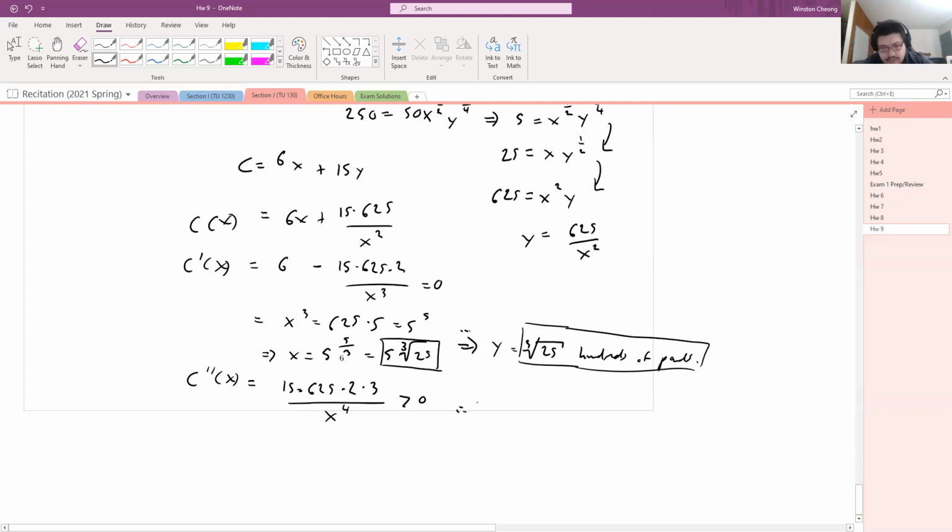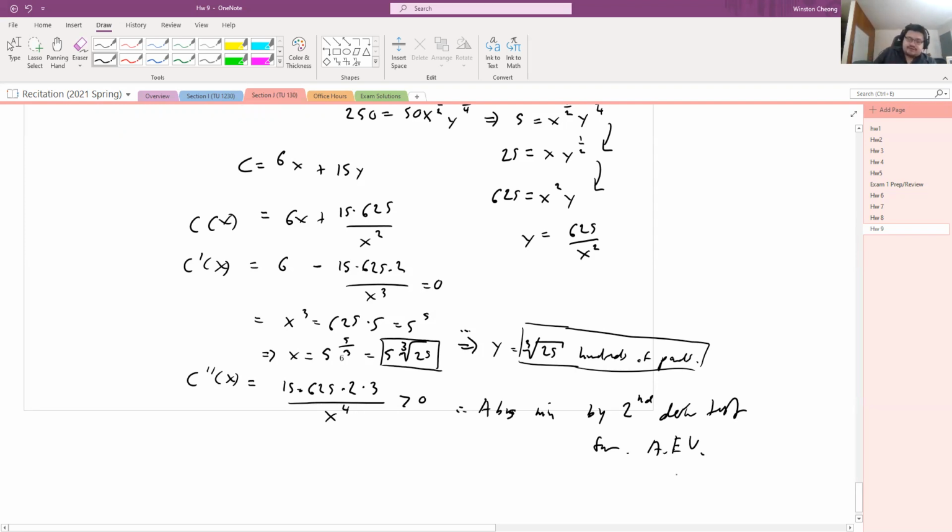And so that means concave up, hence this is an absolute minimum. Absolute minimum. And the reasoning is by the second derivative test for absolute extreme values.